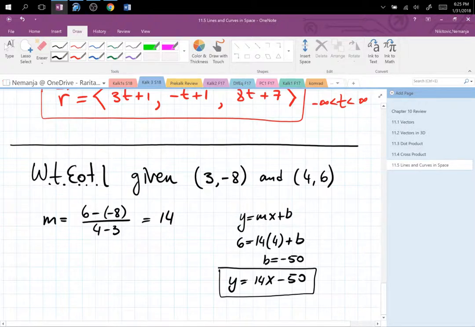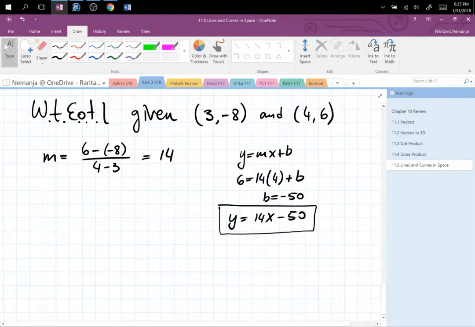So you have to be able to find the equation of the line given 2 points, because 2 points are all you need to define a line, right? So mathematically there has to be a way, and this is the way. Now, do we get to do this in 3D? Well, yes, right?